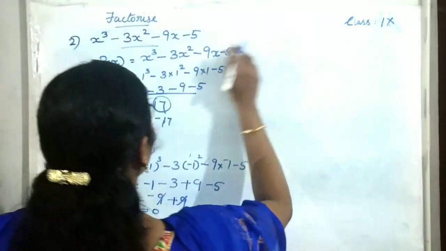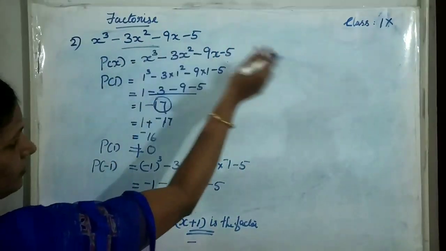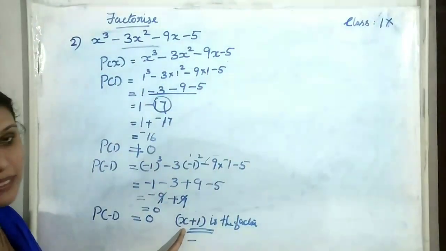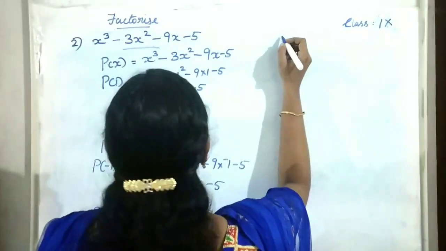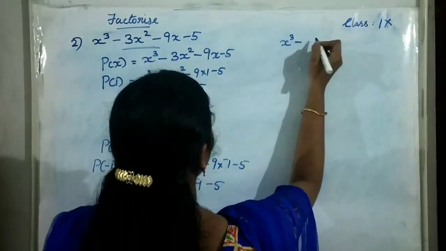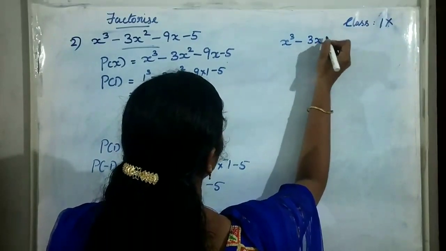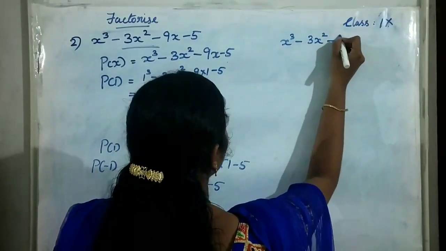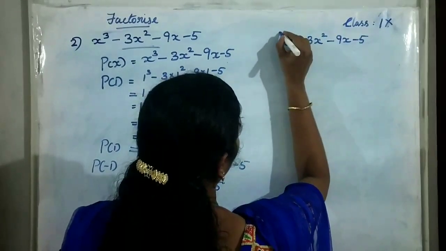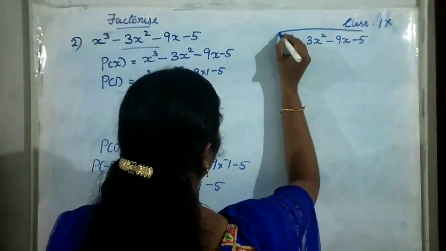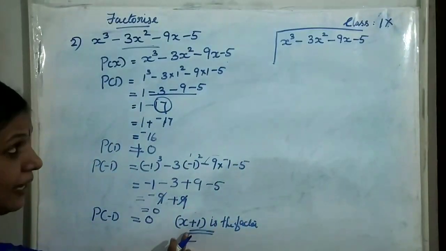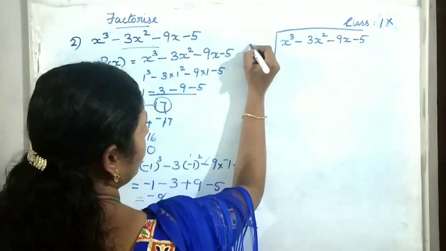Then next we find the other factors by dividing this by x plus 1. Here the polynomial is x cube minus 3x square minus 9x minus 5, and we divide it by x plus 1.